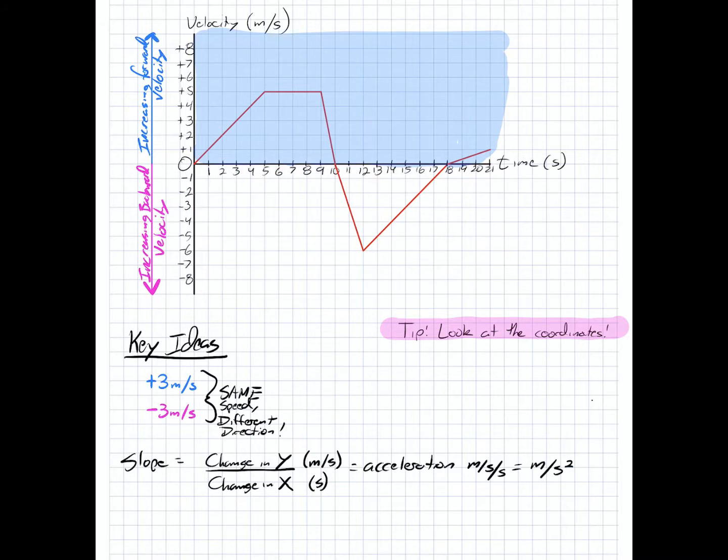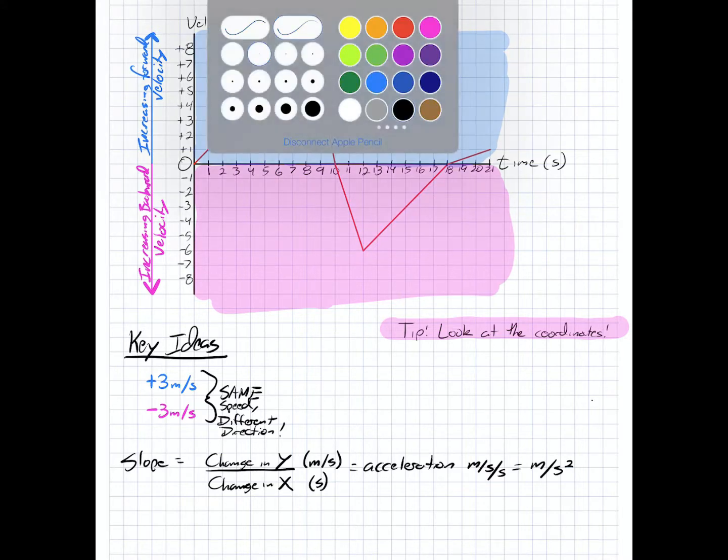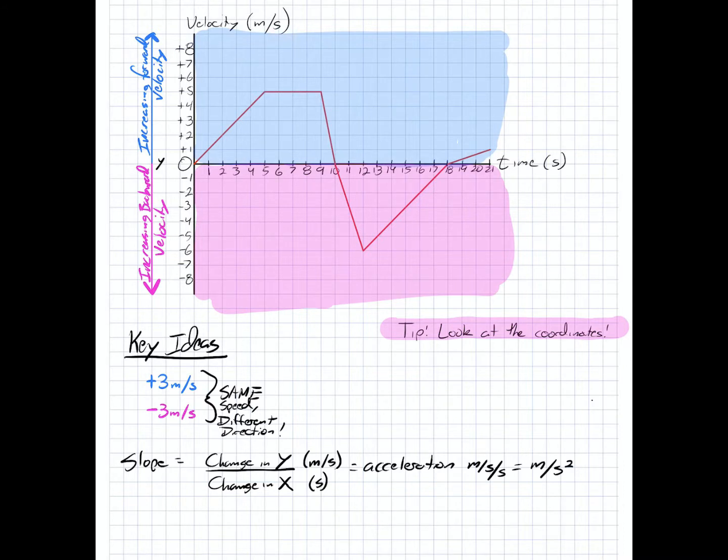So again, anything below the x-axis is going to be backwards motion. So where I'm marking the magenta or pink or whatever you want to call it here, anything below that x-axis, that y equals 0 mark, that is going to be reverse motion.